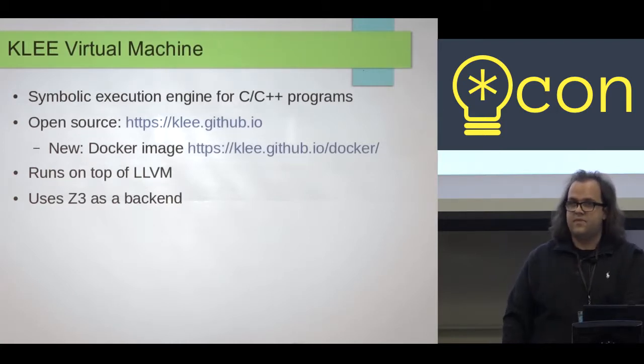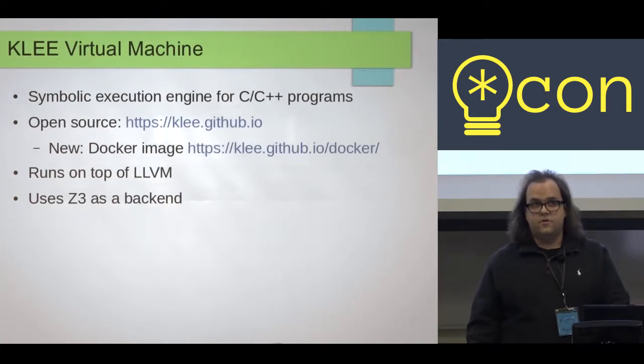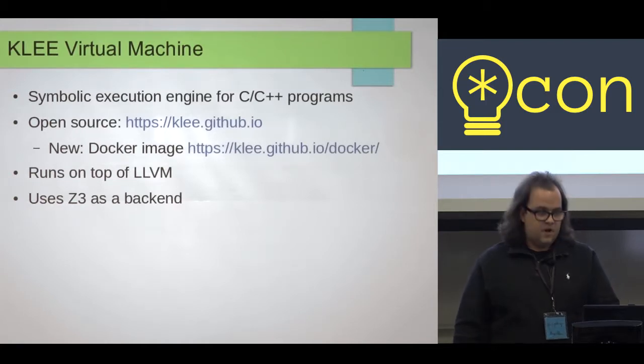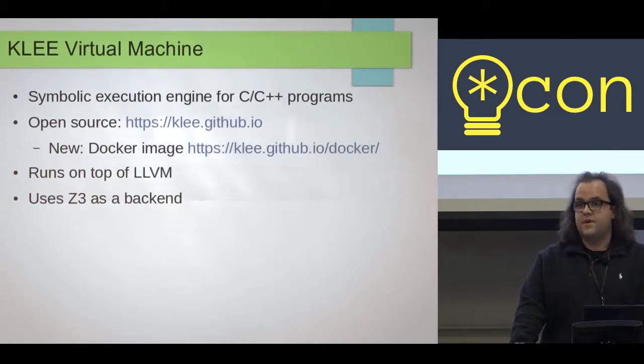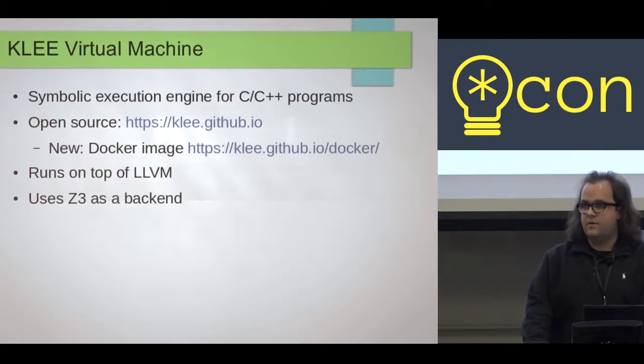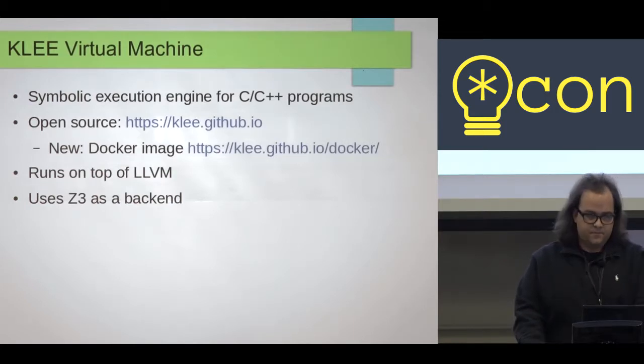KLEE runs on top of the LLVM compiler toolkit and virtual machine, so if you're familiar with that, you may be able to get started with it more quickly. And KLEE also uses Z3 as a backend. So you don't interact with the theorem prover directly. You just invoke it indirectly through your use of KLEE.